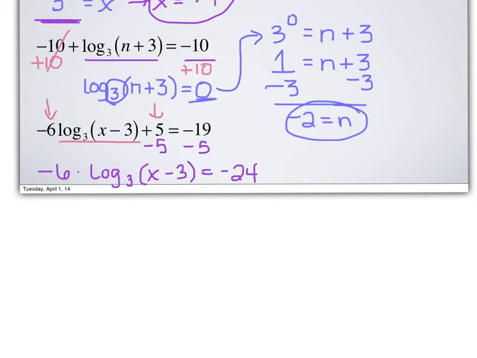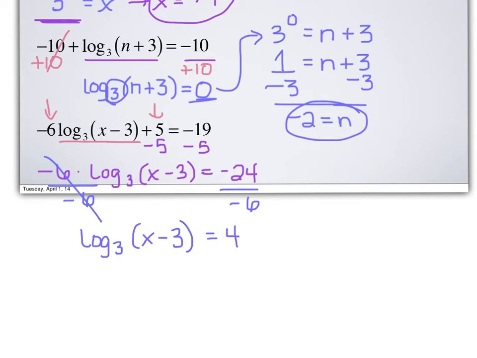Now to get rid of this negative 6 that's attached with multiplication, I'm going to divide by negative 6, divide over here by negative 6, that's gone, and so now I have log base 3 of x minus 3. Sorry, my handwriting is kind of messy in here today. I'm having a hard time with this stylus. Negative 24 over negative 6 is positive 4.